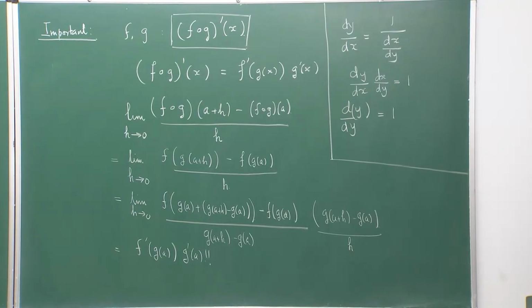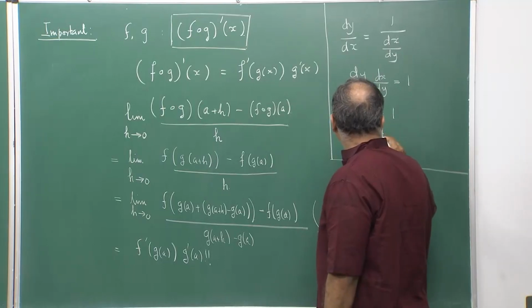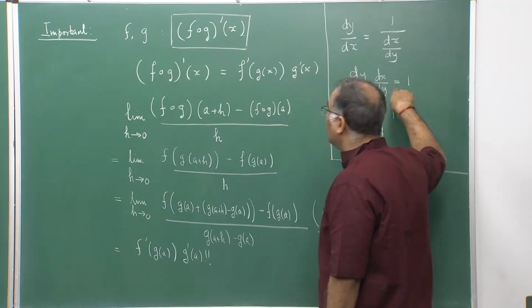Once I can write x also as a function of y, that is, y is a function of x, that you of course know, but if you can write x also as a function of y, meaning the function is invertible, only in that case can you talk about this term dx dy.